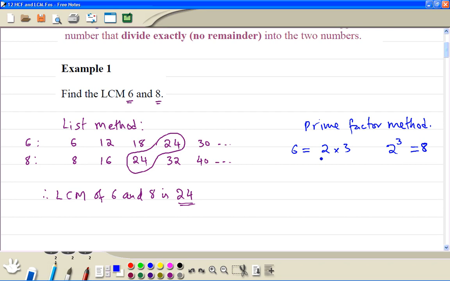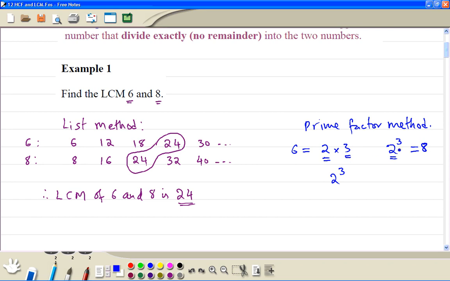So we just look at 2 and 2 here, and we pick the highest power of 2, so 2 to the power 3. Then, so that part is gone. We haven't used 3 yet.